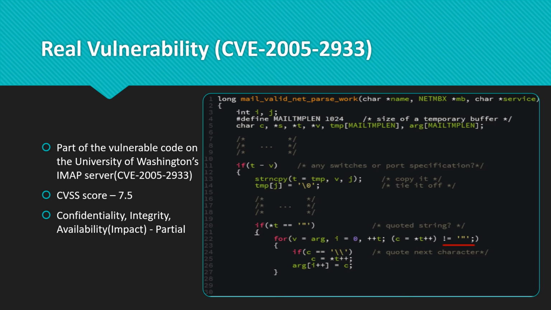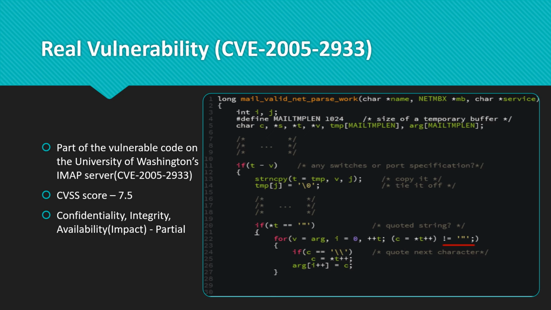The vulnerability specifically exists due to insufficient bounds checking on user supplied values. The function mail_valid_net_parse_work is responsible for obtaining and validating the specified mailbox name from user supplied data.